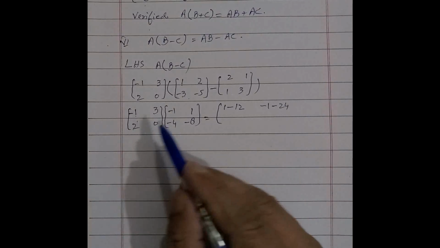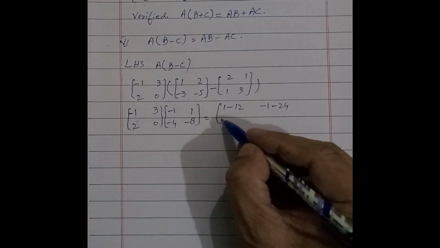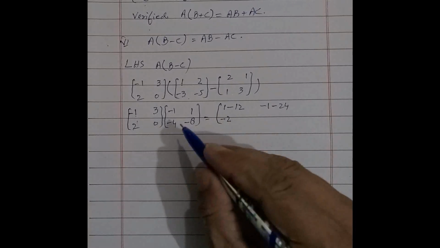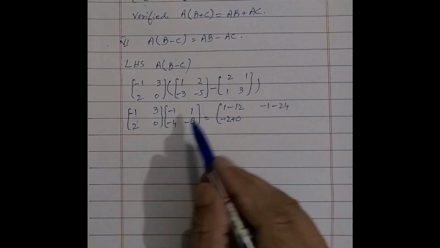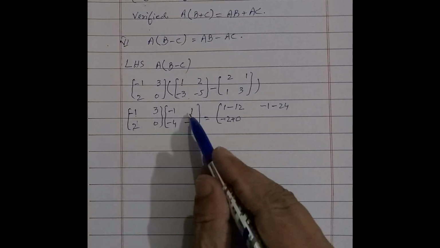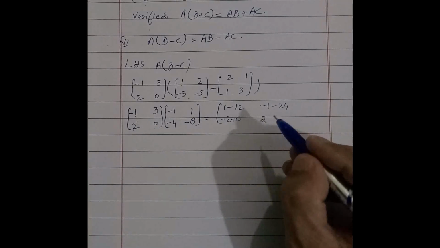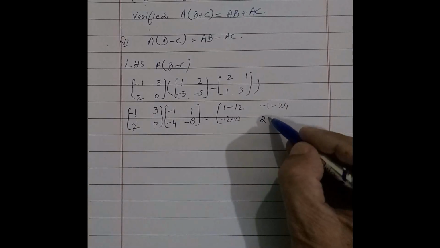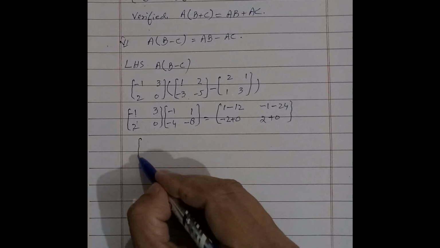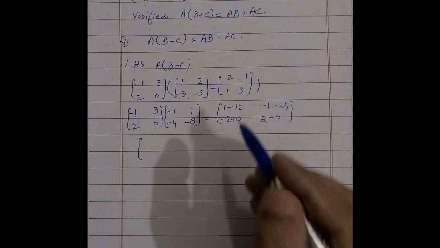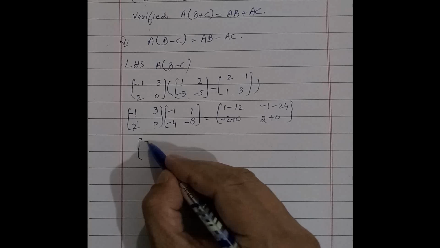Second row, 2 multiplied by -1 is equal to -2, 0 multiplied by -4 is equal to +0. Second row with the second column is 2 multiplied by 1 is equal to 2, 0 multiplied by -8 is equal to +0. Now simplify these values. We get 1 minus 12 is equal to -11.